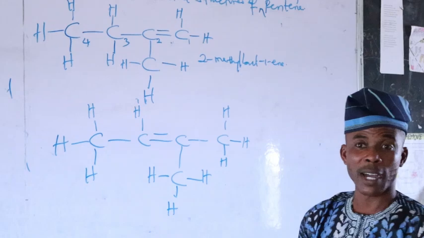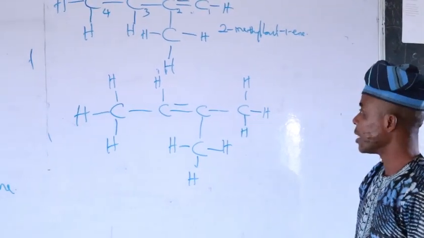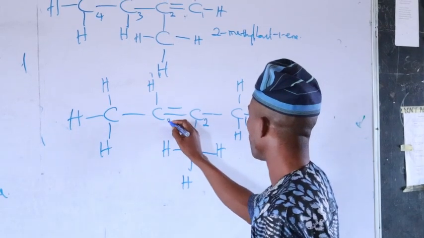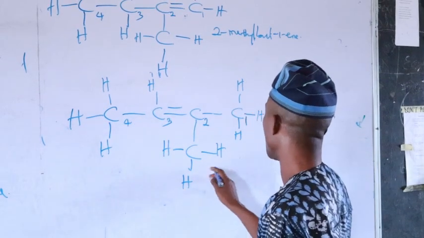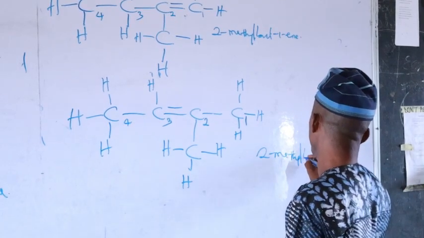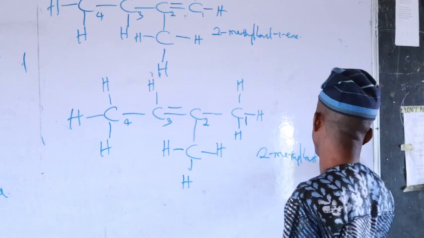It is C5H10. And this one will be what? Carbon number 1, carbon number 2, carbon number 3, carbon number 4. Now we have 2-methylbut-2-ene.